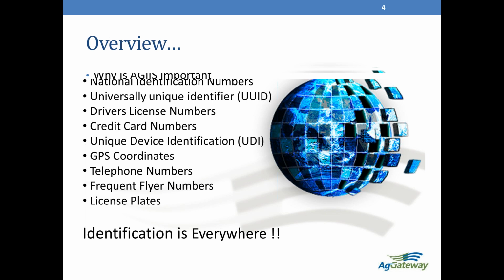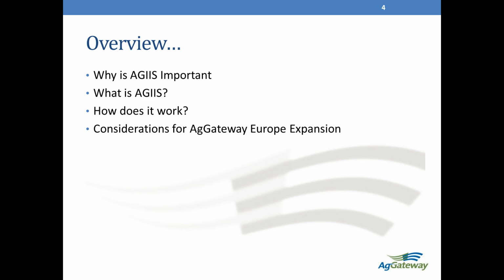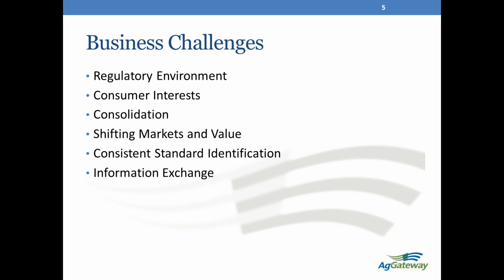As you can see from our first slide, we live in a world of identifiers. Organized identification makes the world go around, and that is true in e-business and agriculture. Companies are able to operate more streamlined and efficiently by using unique identifiers.